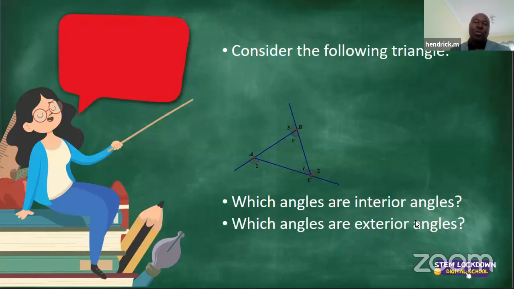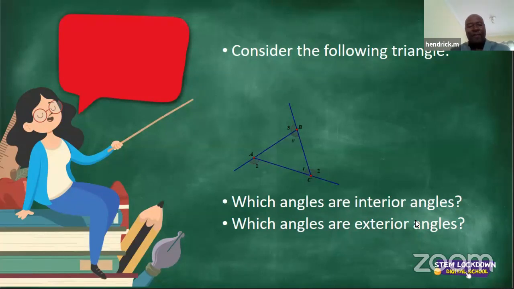So that's where you can talk about corresponding angles. At this stage, we do not mention the corresponding angles. We are confining ourselves to interior angles as well as exterior angles. Now I've given you, Mulauzi, 1 mark out of 2 on the angles that you've mentioned.